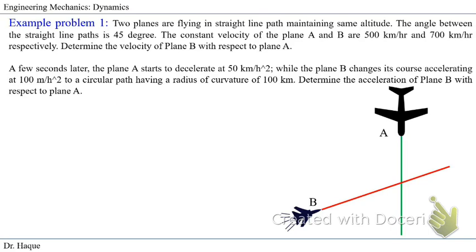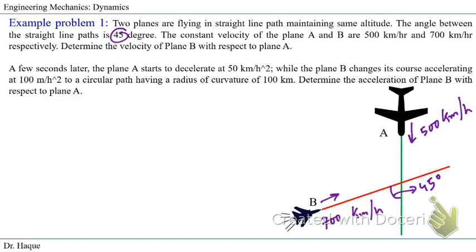The constant velocities are given, so it tells us that plane A is moving in this direction at 500 kilometers per hour, and plane B at 700 kilometers per hour in this direction, and the angle is 45 degrees.